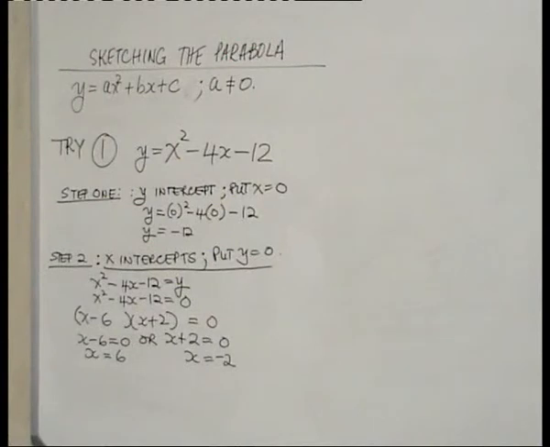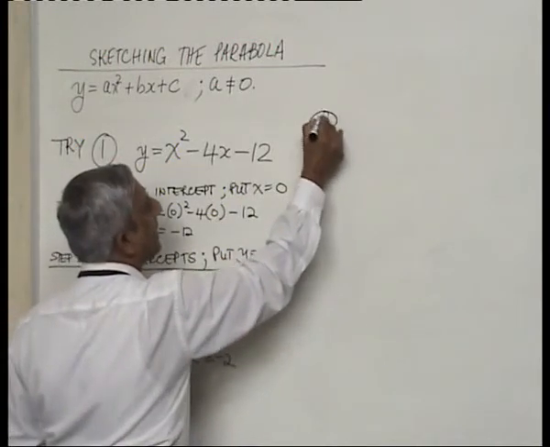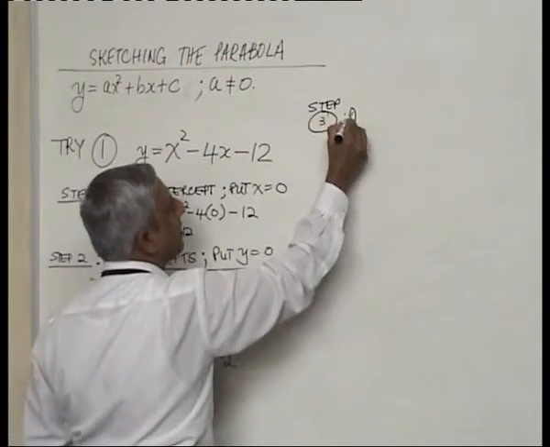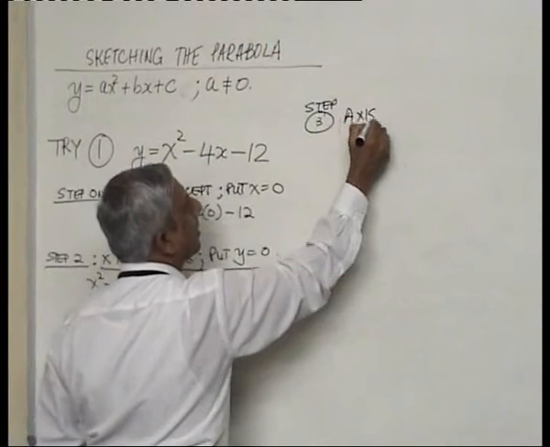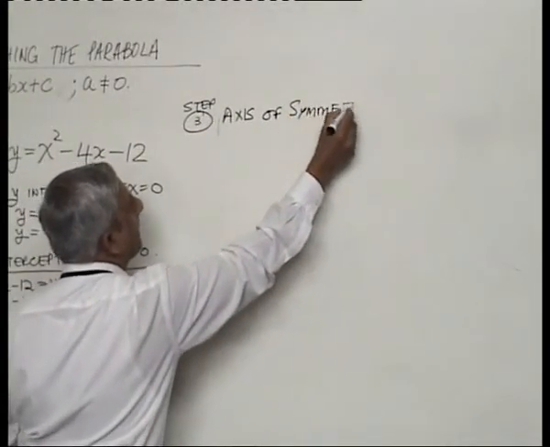Right, we'll move on to step 3. Now, step 3, we want to find the axis of symmetry.